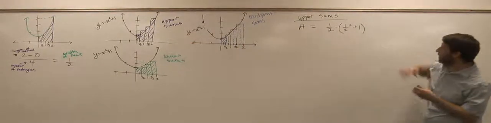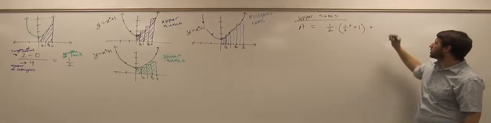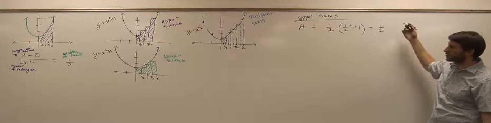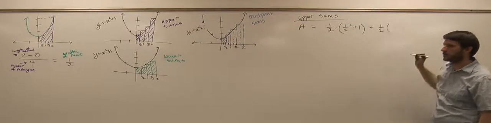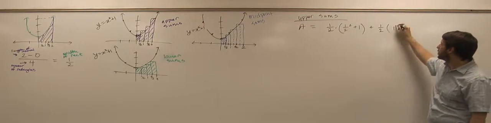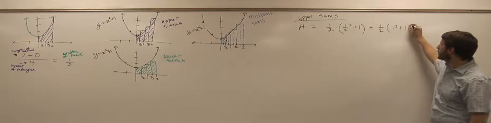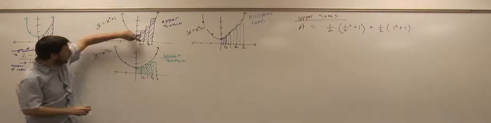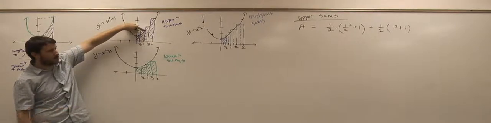So what would I add up after this? Another 1/2, because the width is 1/2 for the second rectangle, times 1 squared plus 1. Because for the second rectangle, I go to 1 and go up to the curve. So I plug 1 into the curve.